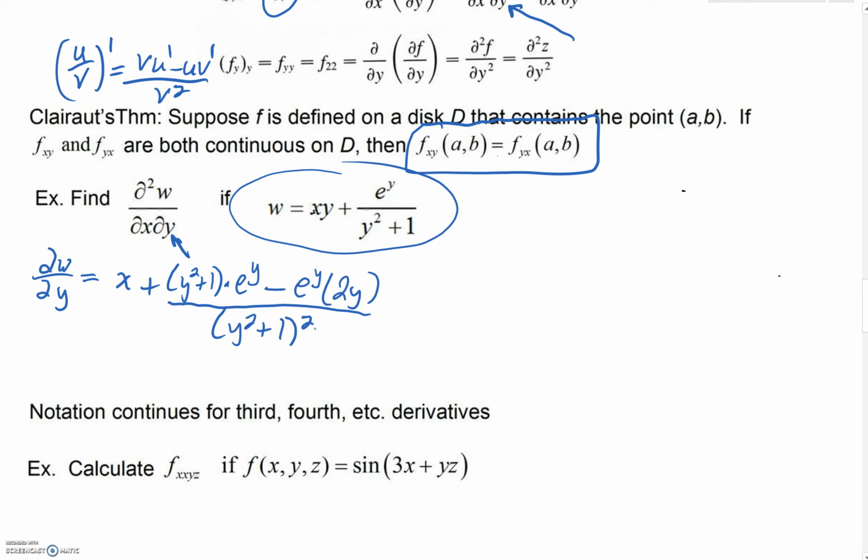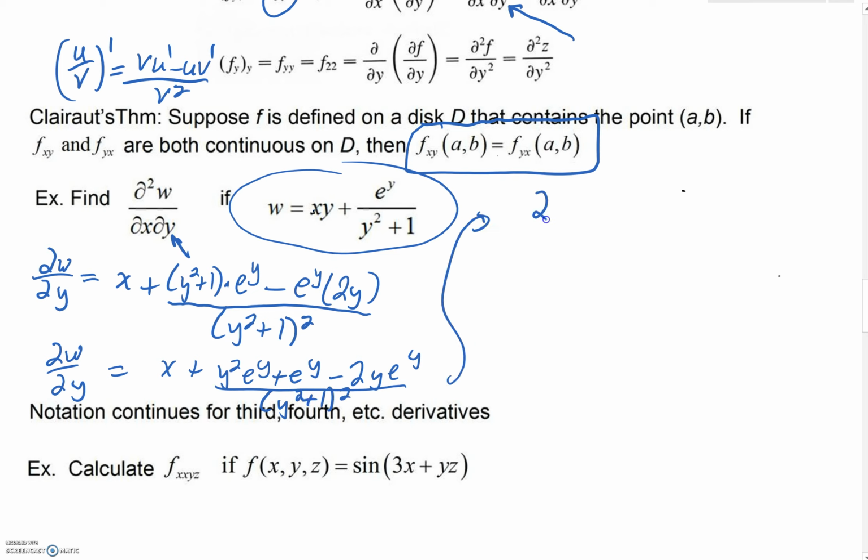Well, it won't be too bad as you look at this to see that life is a bit complicated right now. You could most definitely still clean this up just a little bit. You could say, wow, this is x plus y squared e to the y plus e to the y minus 2y e to the y, and you think, oh my gosh, this thing is really ugly.